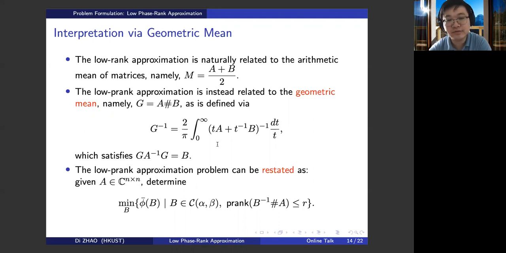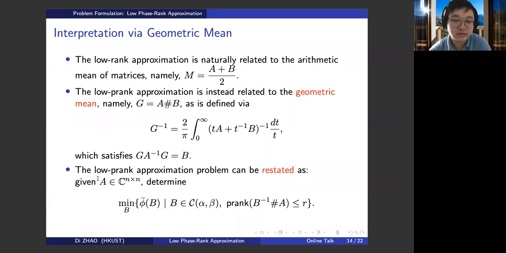The formal definition is given by this formula, but nevertheless, for sectorial matrices A and B, their geometric mean G satisfies this equation, and this is all we need.